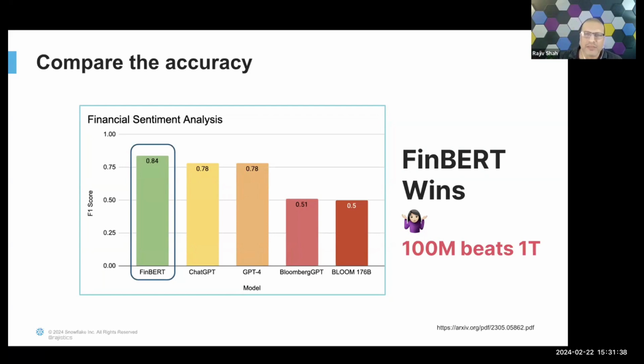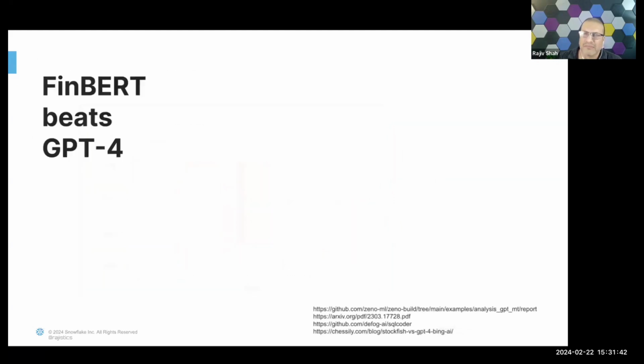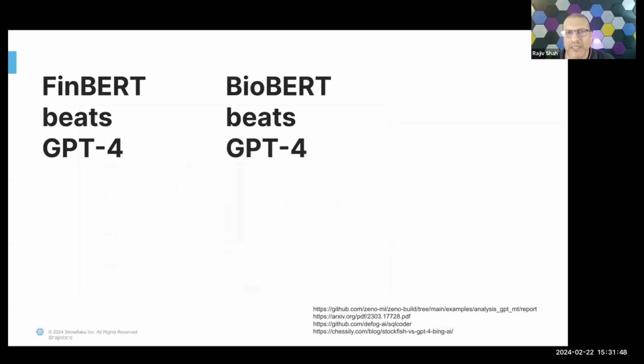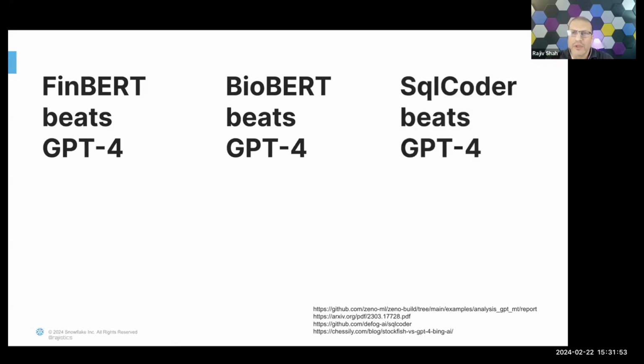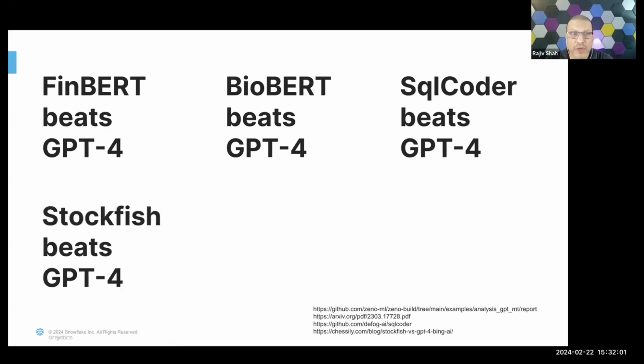Well, if you actually look into how these models do, FinBERT beats GPT-4 in financial sentiment, but if you go over to biology and you're doing some entity recognition, the BioBERT model does better than GPT-4. And if you want a text-to-SQL model, the SQL coder that's fine-tuned on the data does better than GPT-4.